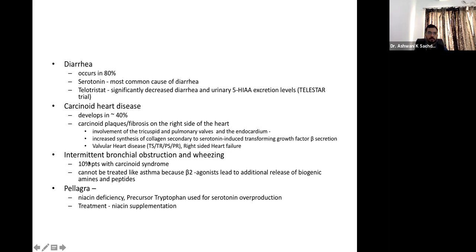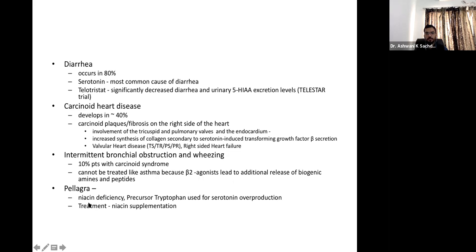Another symptom is intermittent bronchial obstruction or wheezing. It occurs in about 10% of carcinoid syndromes, and the symptoms are like asthma, but it is not treated like asthma, because if we give beta 2 agonists, they additionally cause release of biogenic amines and peptides, leading to worsening of symptoms.